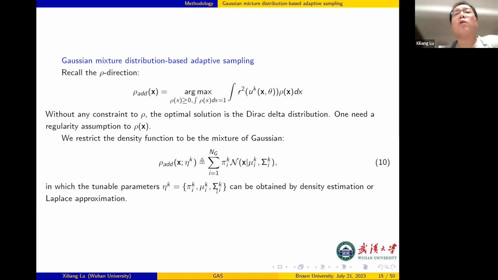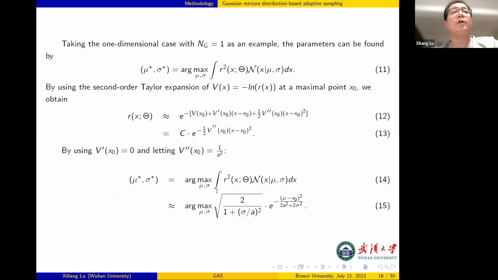So how do we determine them? We use density estimation or Laplacian approximation. To explain the idea more clearly, let's consider the one-dimensional case first, with only one Gaussian, no mixture.